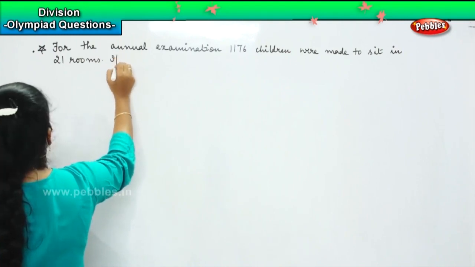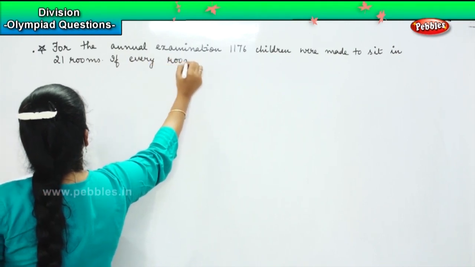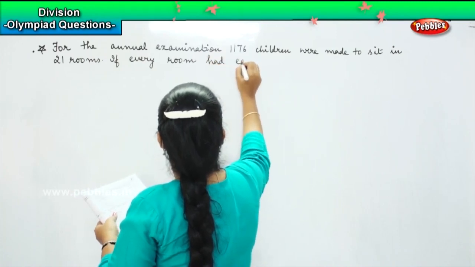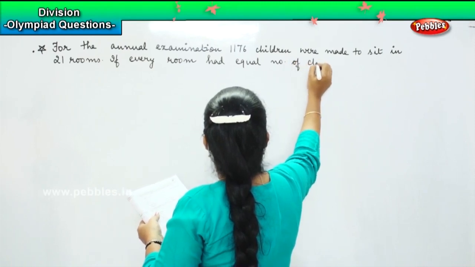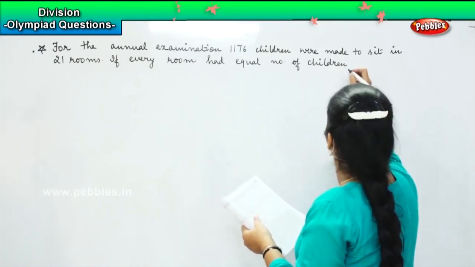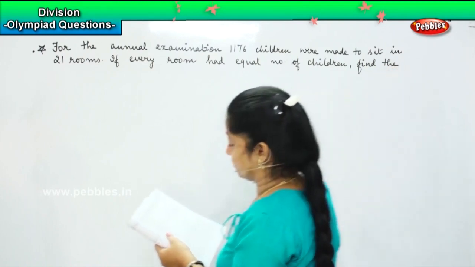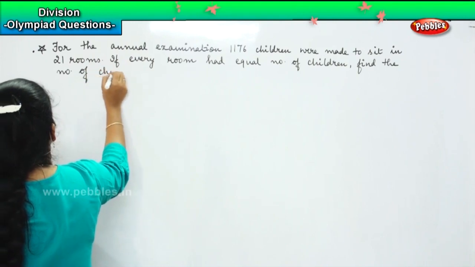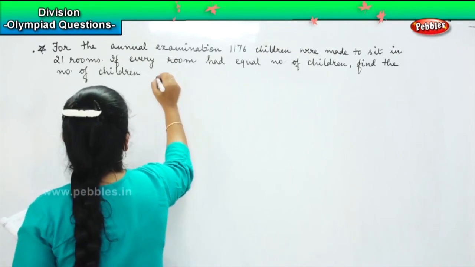If every room had an equal number of children, find the number of children sitting in one room.